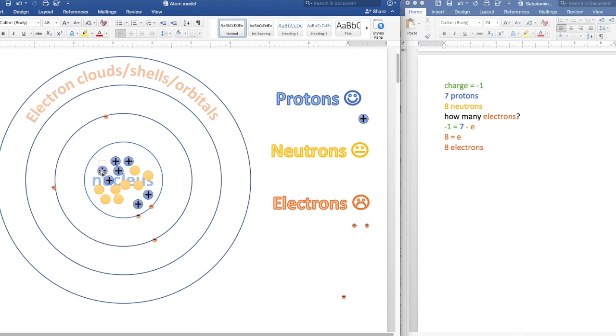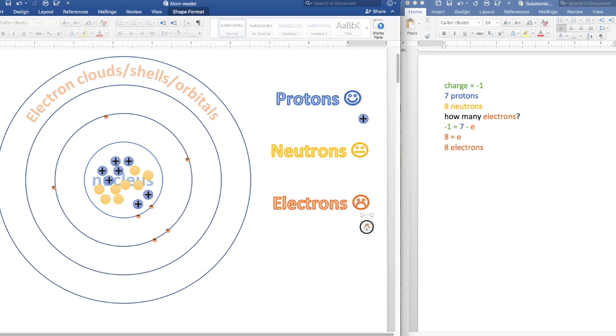But so to do this, I'm going to first make it neutral. 1, 2, 3, 4, 5, 6, 7, and I have 1, 2, 3, 4, 5 electrons. So there's 1, 2, 3, 4, 5, 6, 7 electrons. So now every proton has an electron and it's neutral, but I need an overall charge of -1.